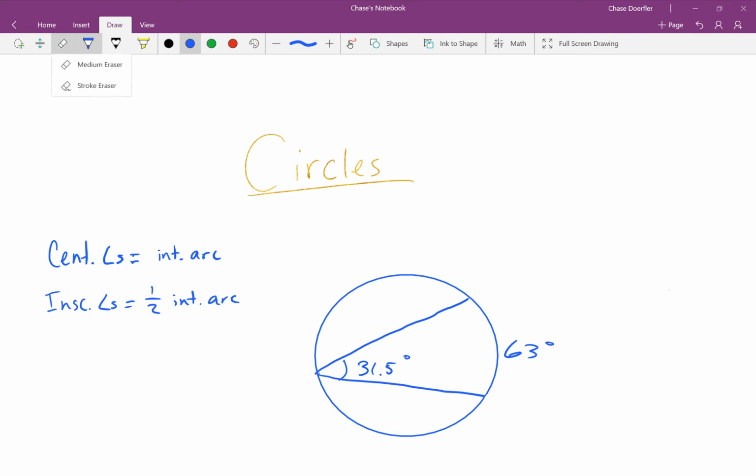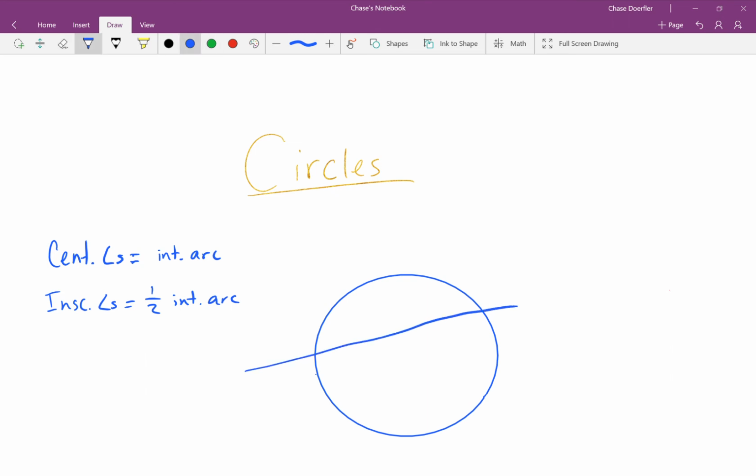And finally, I'm going to go over what I call exterior angles, even though it is probably called something else. And actually, this one might call for some color coding. So I'll put that one as green, and this one as red.